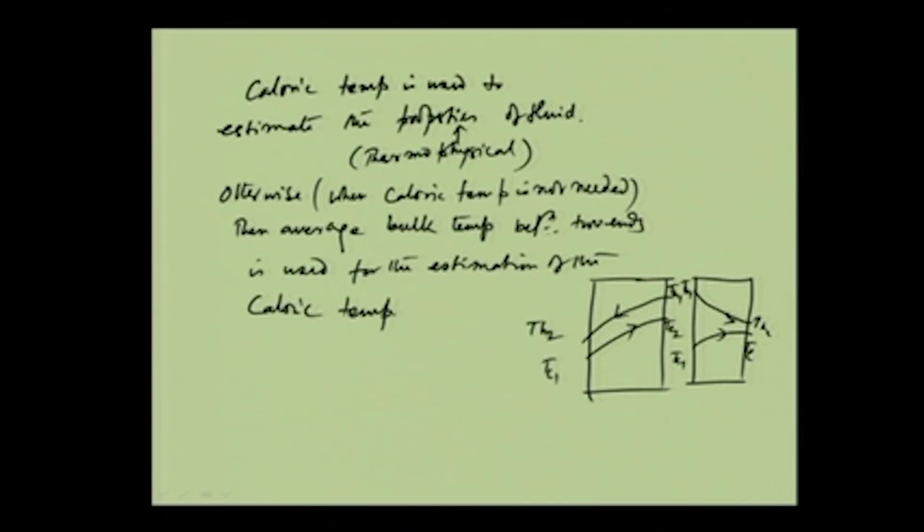T C 2. So, what happens is that T H C is the caloric temperature for the hot fluid, and that is given as T H 2 plus F C, this is the caloric fraction rather, into T H 1 minus T H 2, and T C C, the caloric temperature for the cold fluid, is given as T C 1 plus F C into T C 2 minus T C 1.